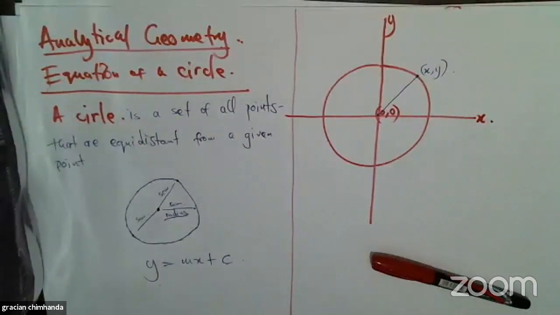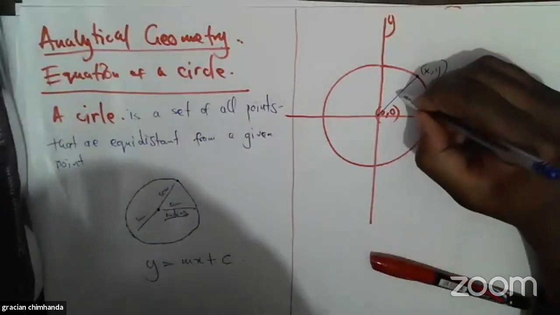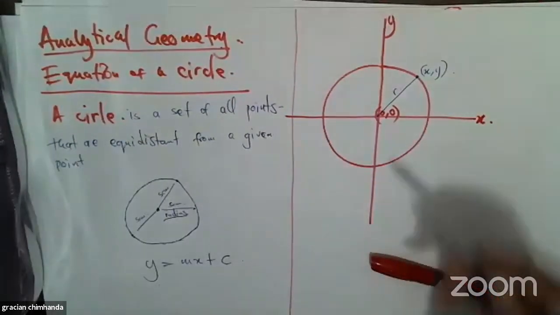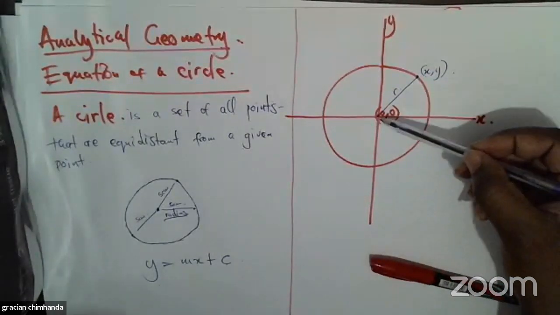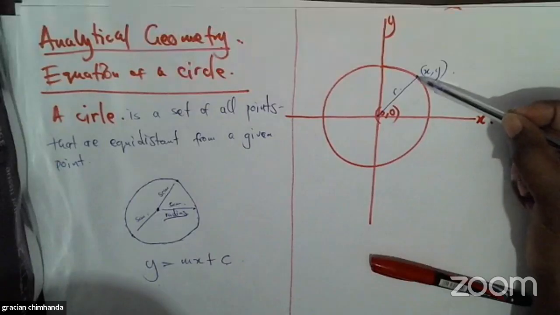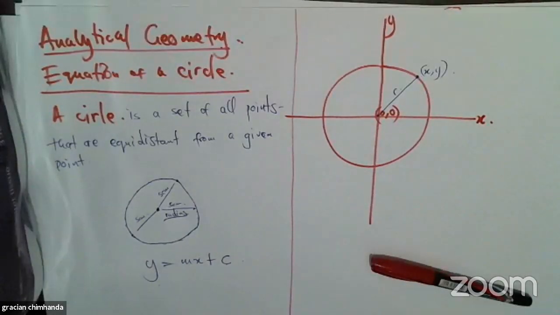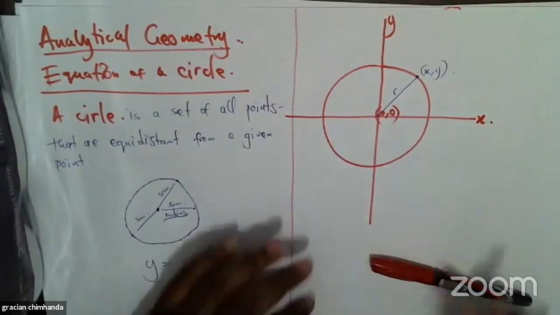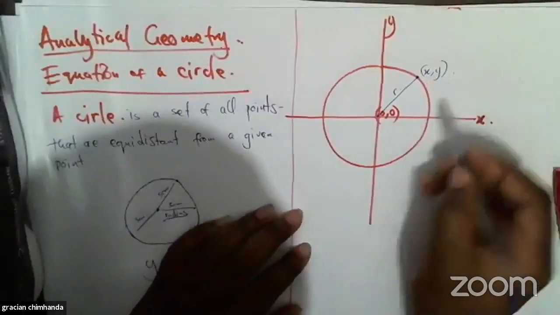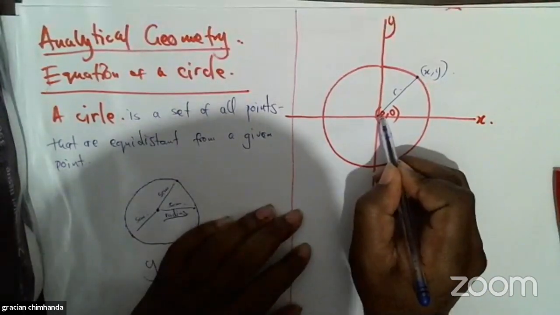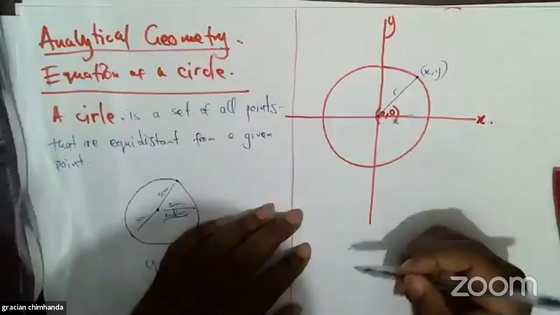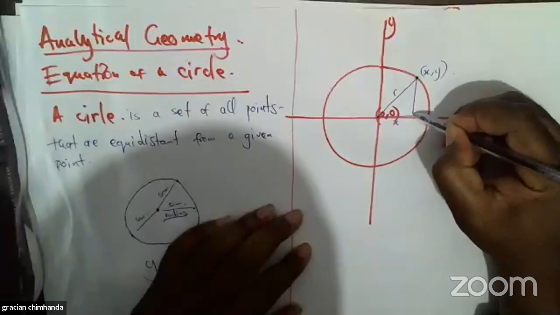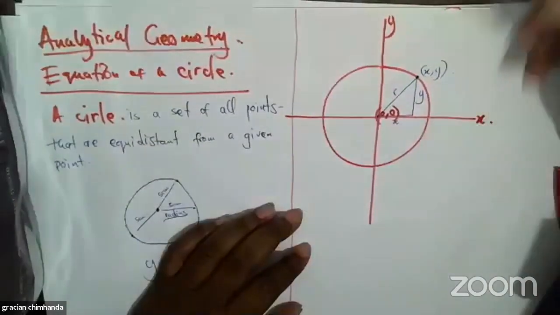If we call this point x and y, this becomes our radius, because the radius is the distance from the center to the circumference, right? But in a literal sense, this x and y means I've moved x steps going this way, and I have moved y steps going up.